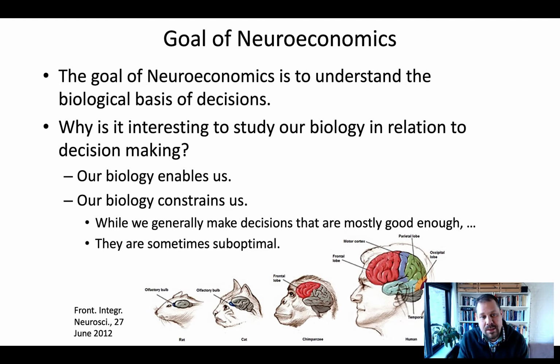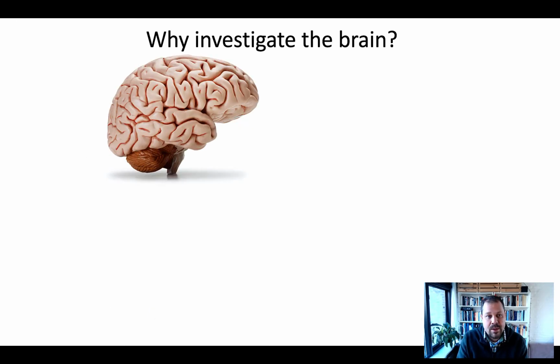So fundamentally, we're interested in our brain because it is the seat of all behavior. This is where behaviors are produced, and that's why we want to understand how the brain functions, particularly in relationship to economic decisions in our case, because our economic decisions are linked to the computations performed by each individual neuron and by the combined computations that these neurons produce.